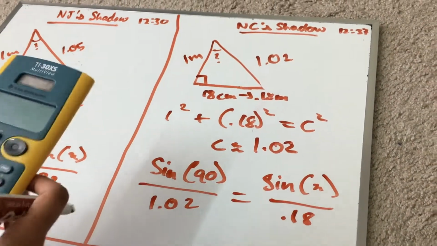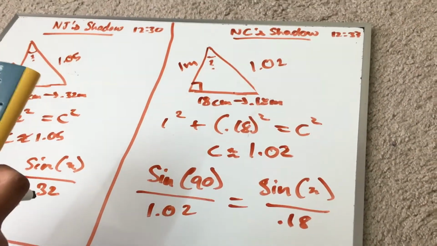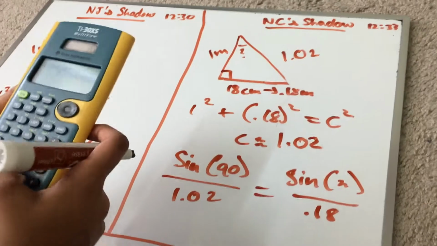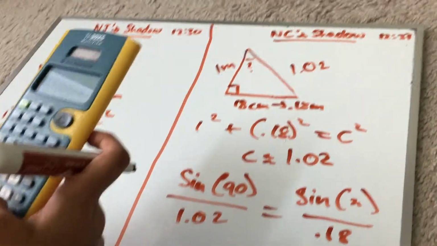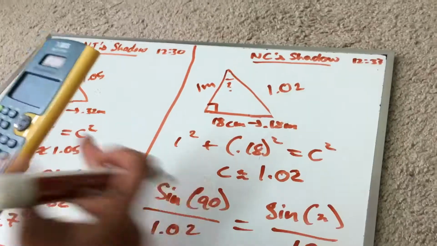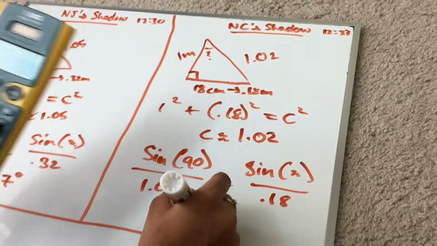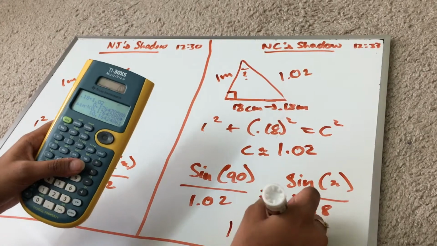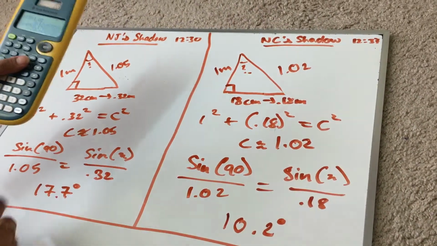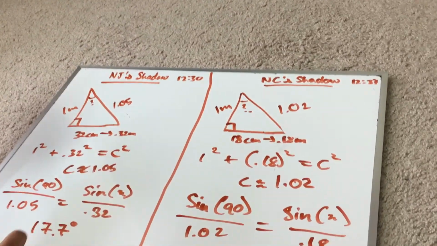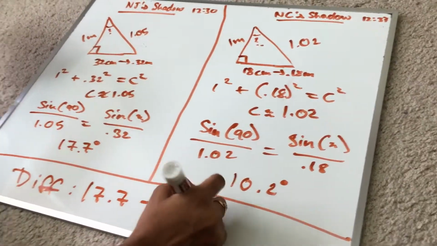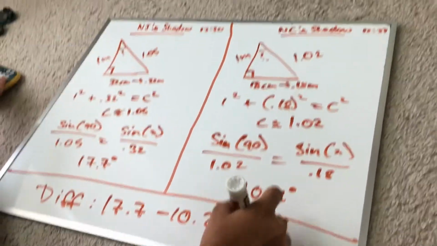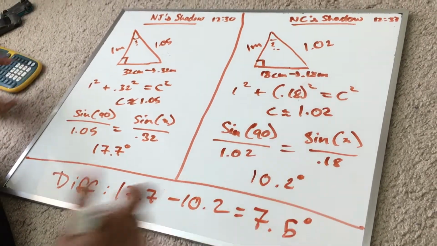If I do that again, 0.18 divided by 1.02, and take the inverse sine of that, 0.176470588, I should get about 10.2 degrees as my angle for here. So the difference in angles would be 17.7 minus 10.2, which should equal about 7.5 degrees.